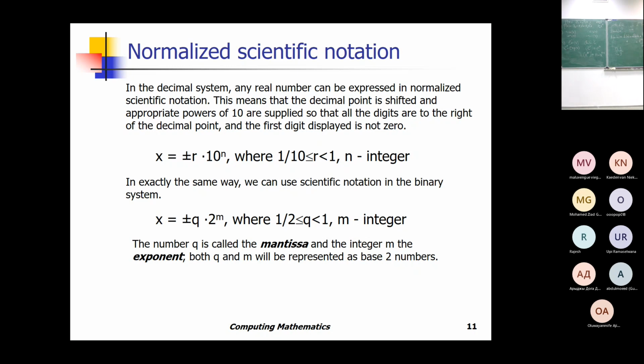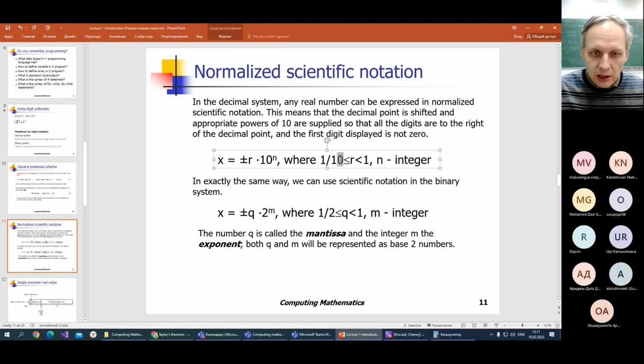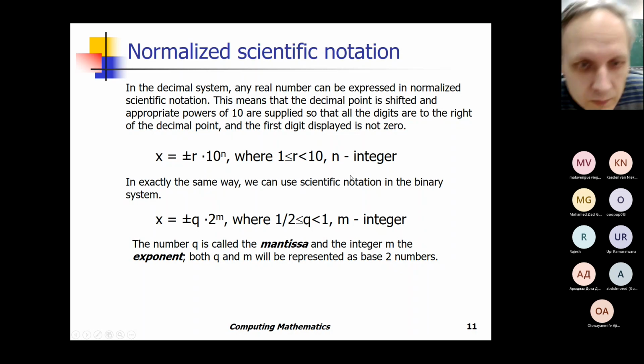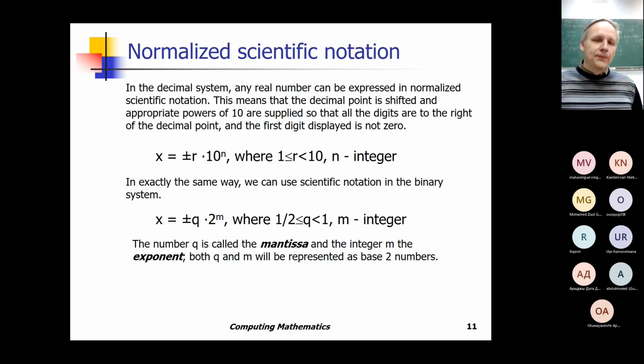R is a real number, it can be between 0.1 and 1. It can be more usual, I can write that R is between 1 and 10. In decimal, it's greater than or equal to 1 and smaller than 10. And n is an integer number.